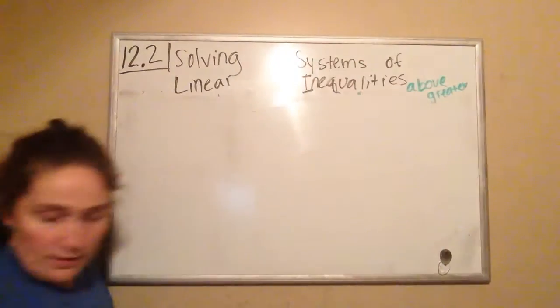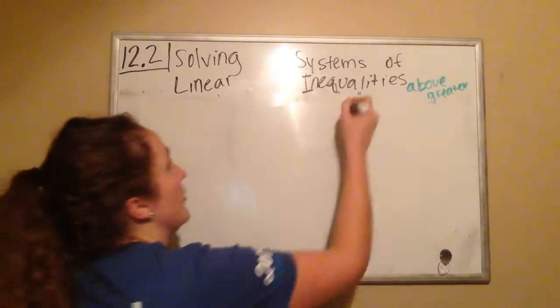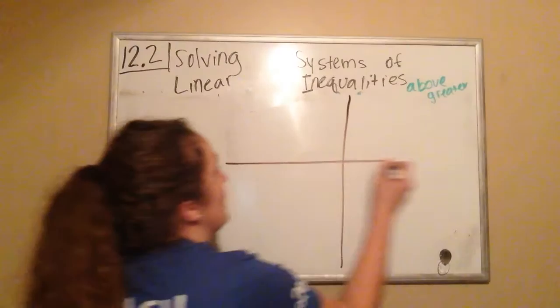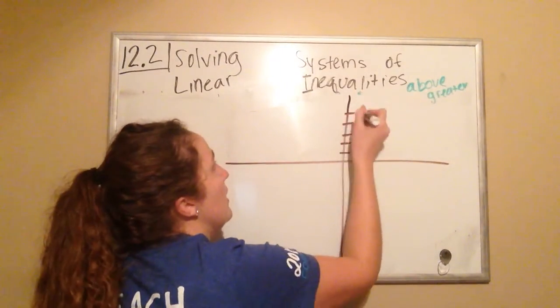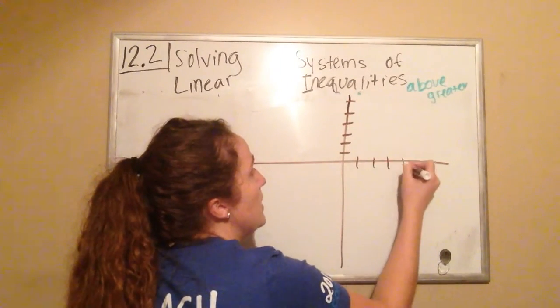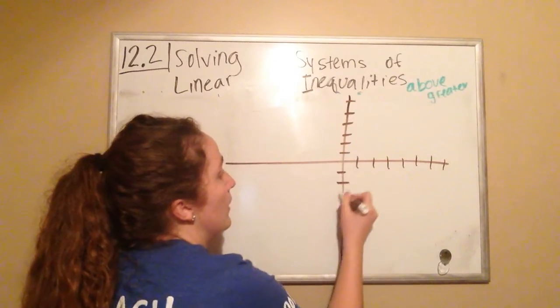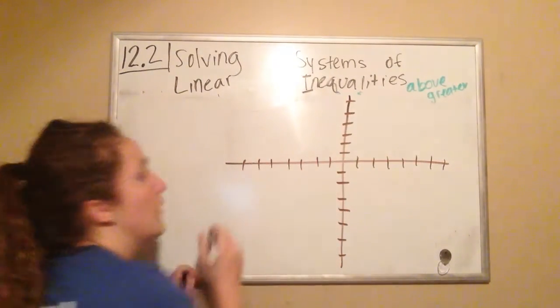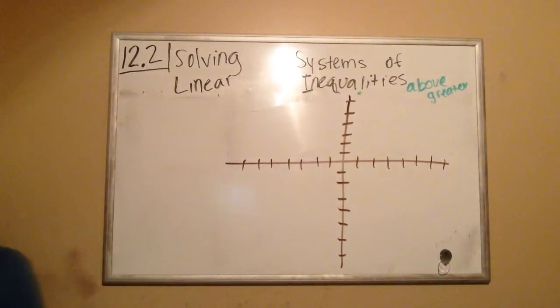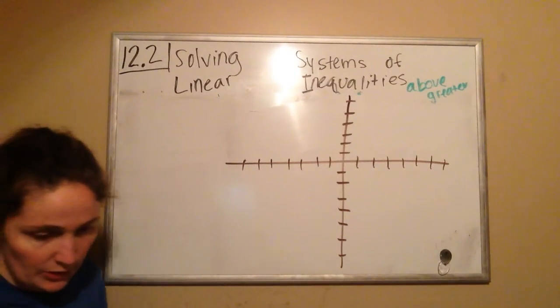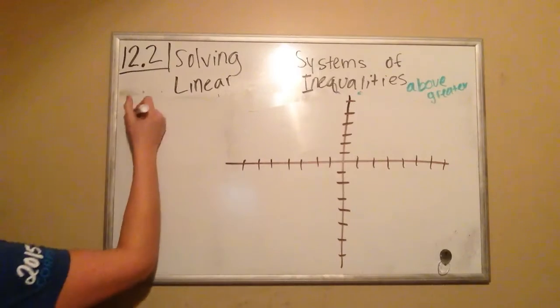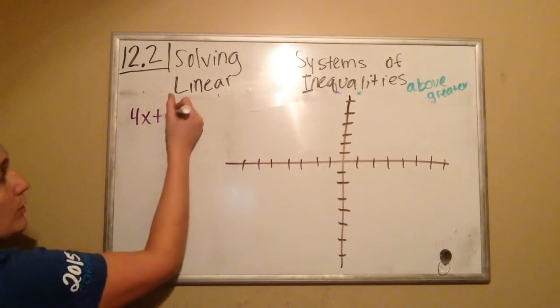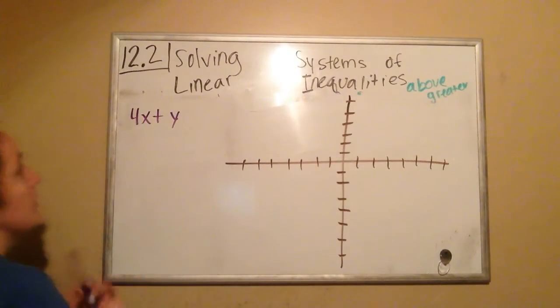All right. So I'm not going to have quite as beautiful of a graph this time, just because I do not have the time to make that and make you guys wait for me. So the two equations, same as number 7. The first equation, in purple, says 4x plus y is less than 2.